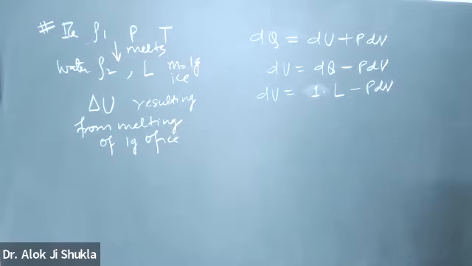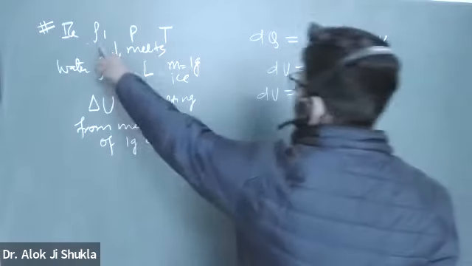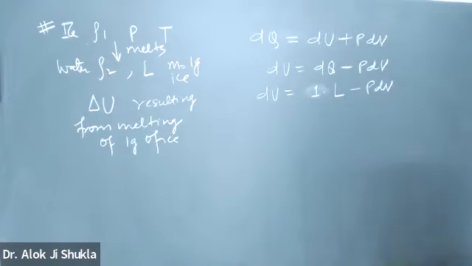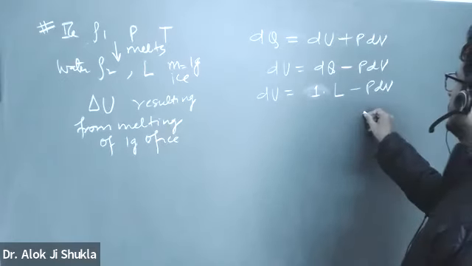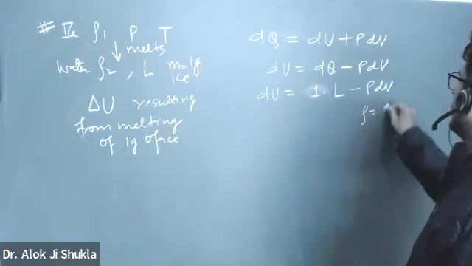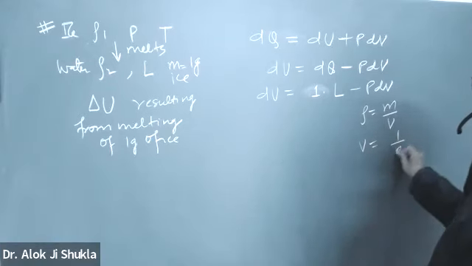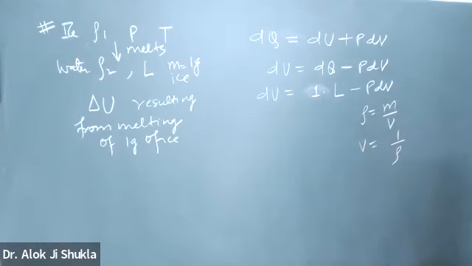Yes, sir. So density is going from ρ1 to ρ2. So we have to calculate this change. What is density? Density is equal to mass upon volume. So volume is 1 upon rho. So what is dV?